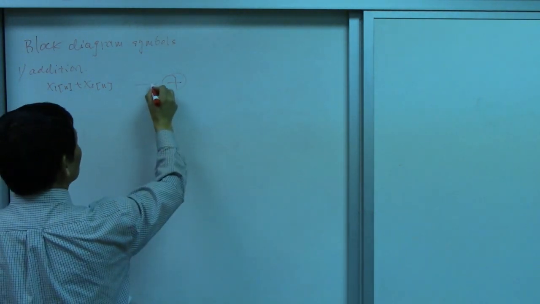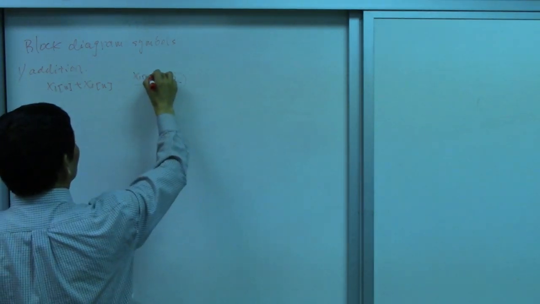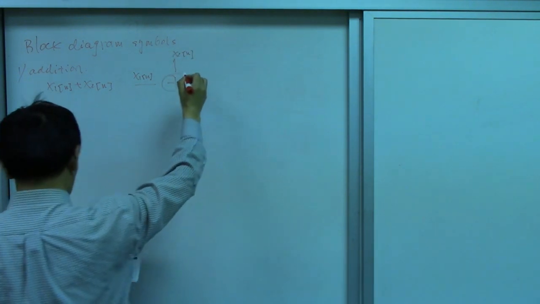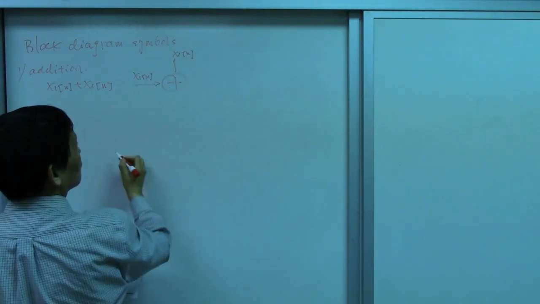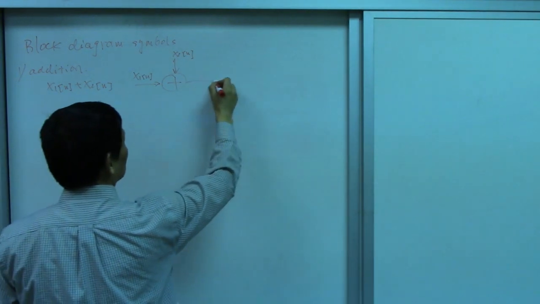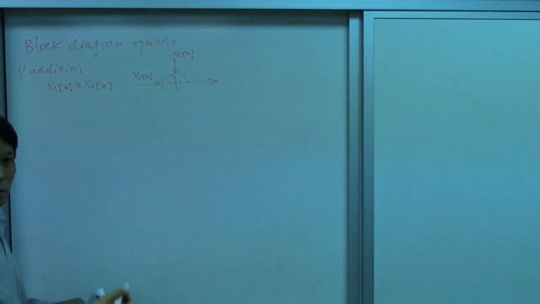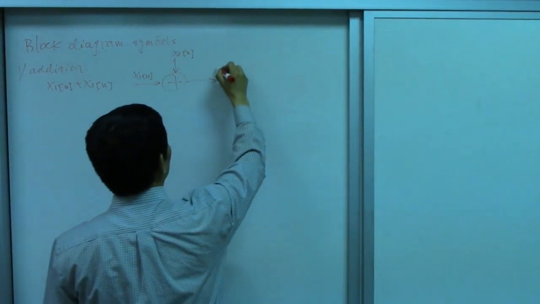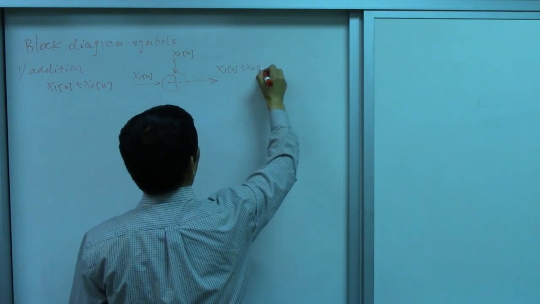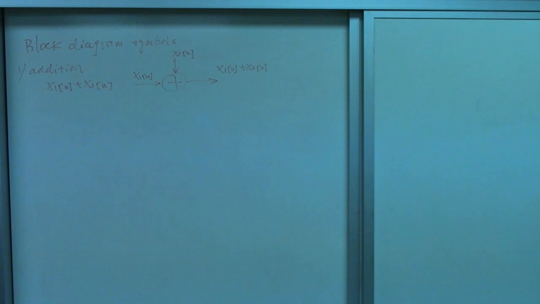So this is x1[n], and this is x2[n], and we have an arrow in here and another arrow in here. So we have two input sequences, and the output arrow is out. So this is x1[n] plus x2[n]. Okay? So we use this symbol to represent the addition operation.